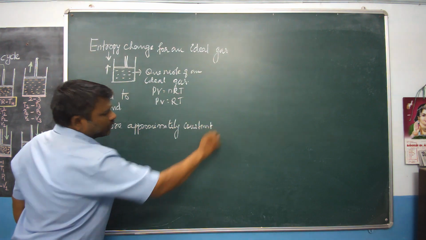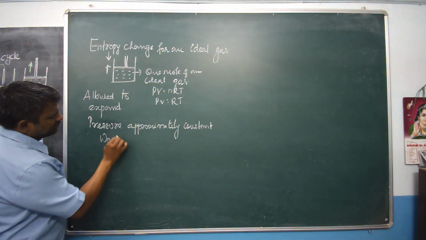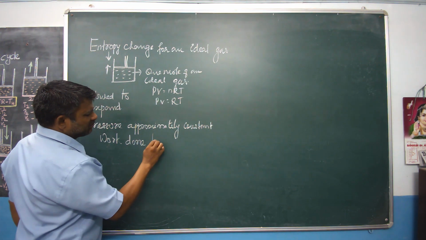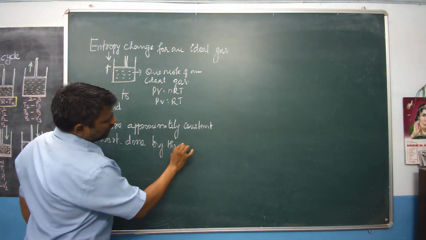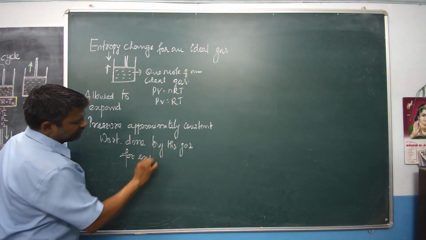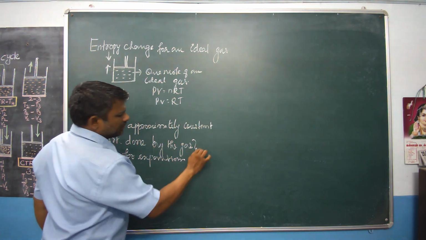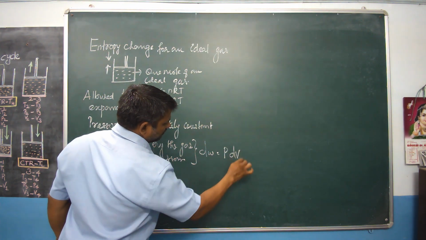Hence, the work done by the gas for expansion is dW is equal to P into dV.